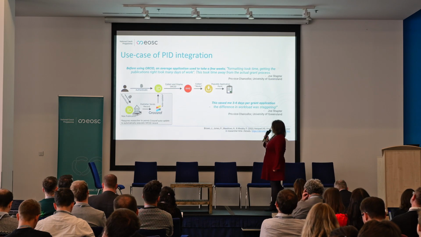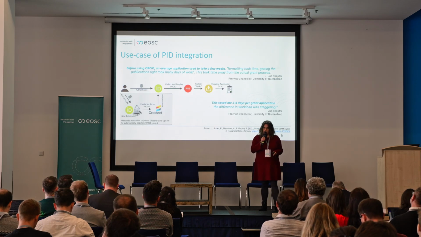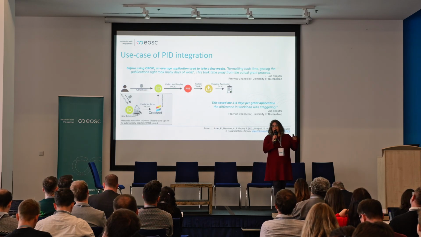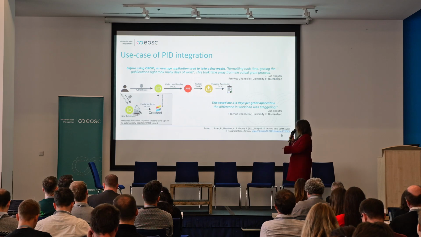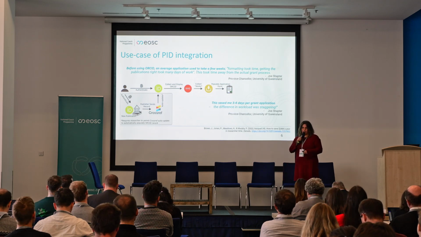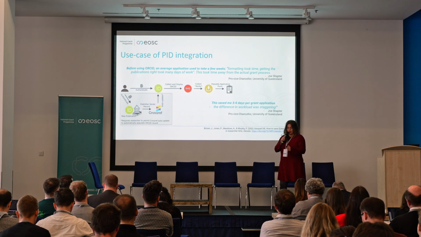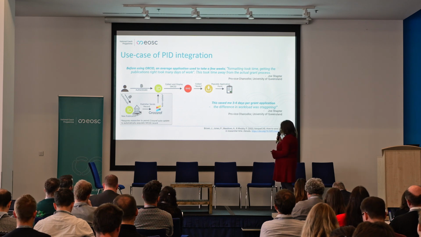And the funder also created an integration within the system. So when he was applying, they downloaded the list of his works for the application, and that saved him 3-4 days on the application. So I think that's nice.